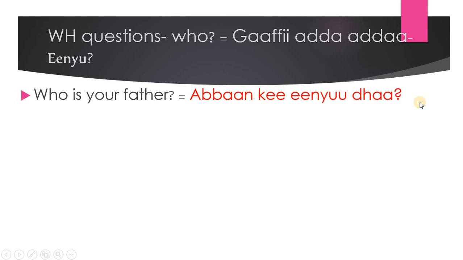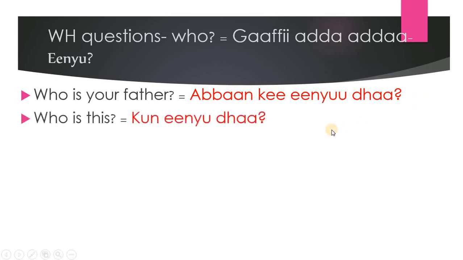Four ways. Okay. Next. Who is this? Kun eenyudha. We can ask different questions as well here. Kun eenyu, just up to this point. Or we can add u to make it longer. Kun eenyu.